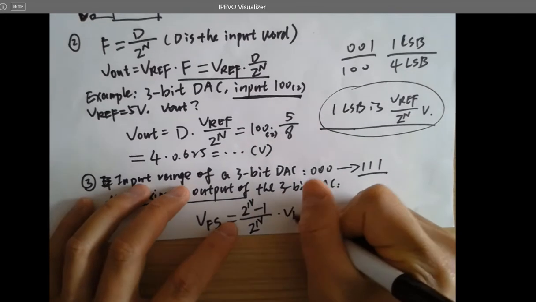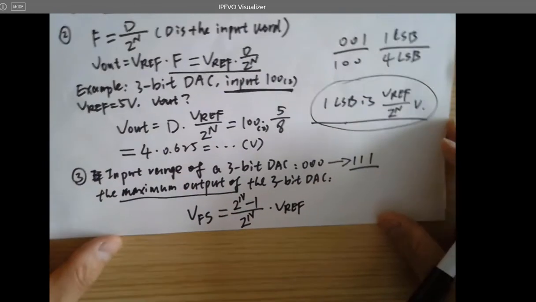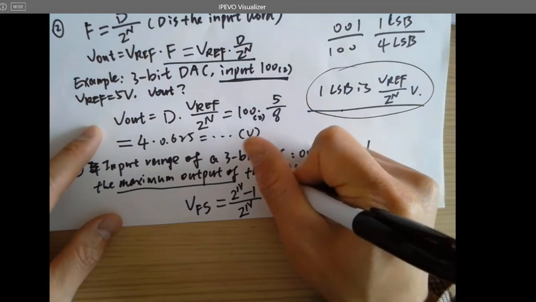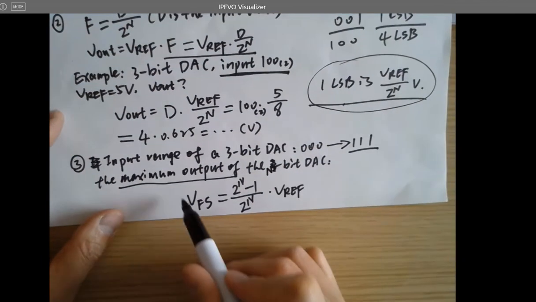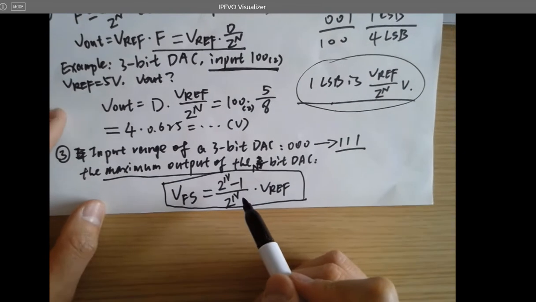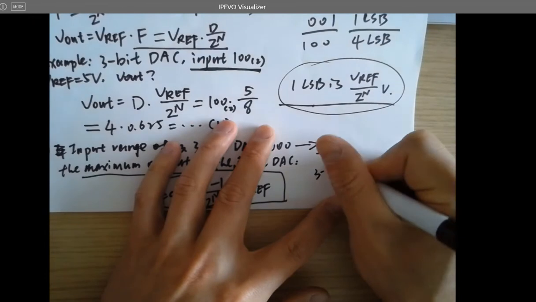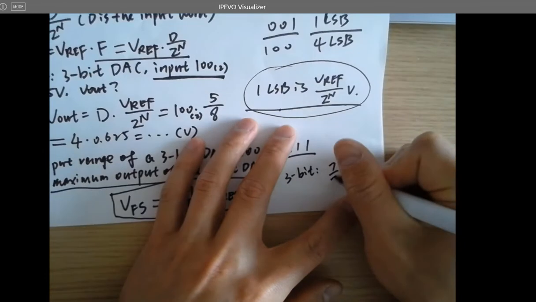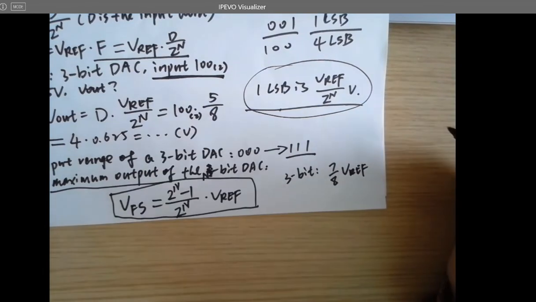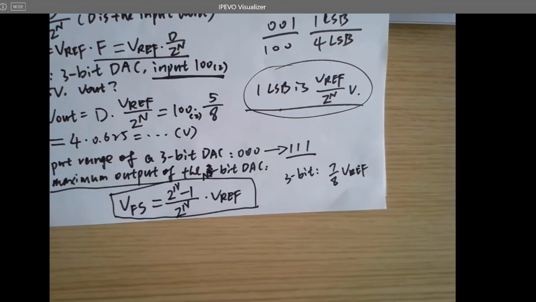And times VREF for the n bit. So the full scale maximum analog voltage is this. So for the 3-bit, it's going to be 7/8 VREF. Is that correct? So it cannot be VREF. If you have a VREF which is 5 volts, you can never get 5 volts as output.